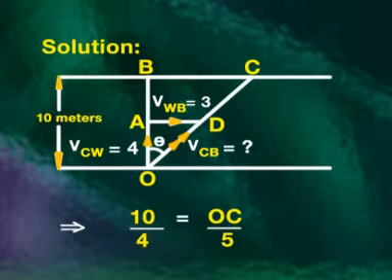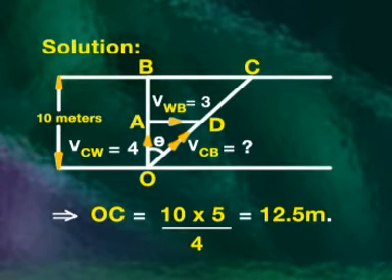This equals 10 divided by 4 equals OC divided by 5. This implies OC equals 10 times 5 divided by 4, equals 12.5 meters.